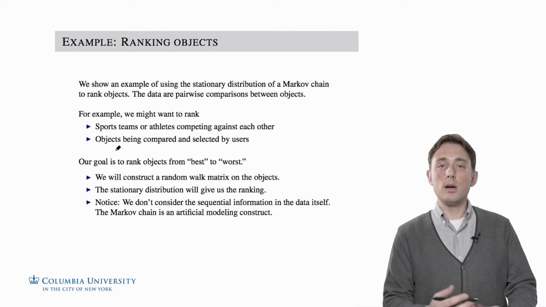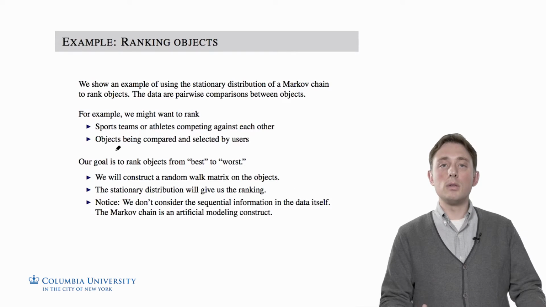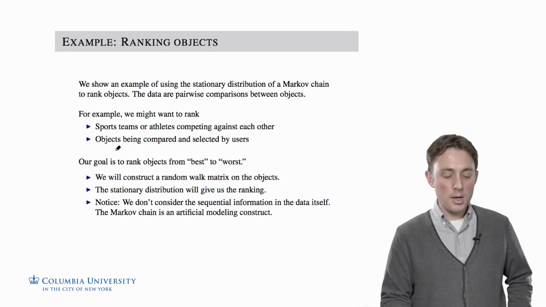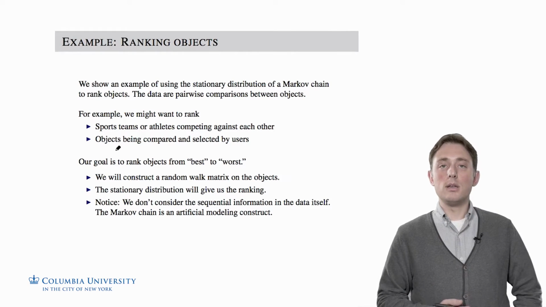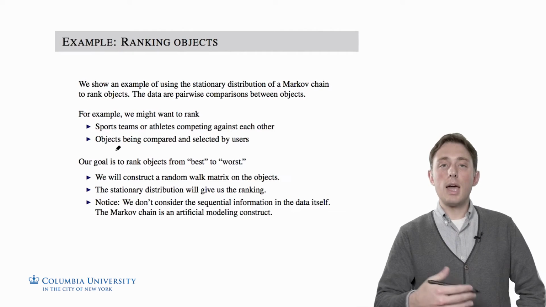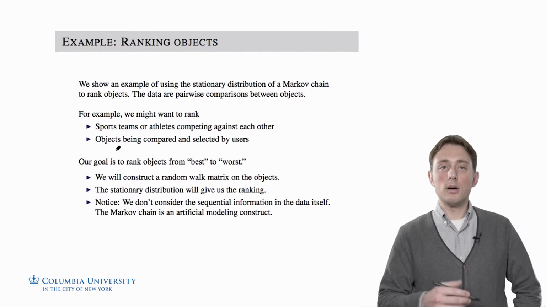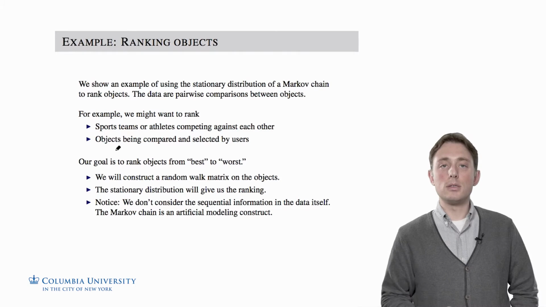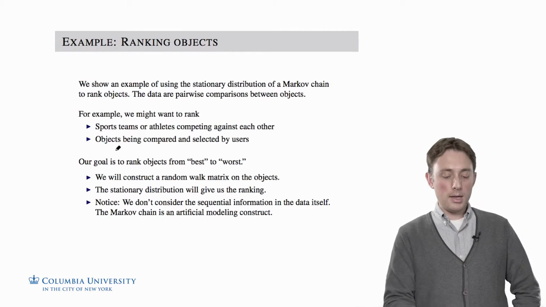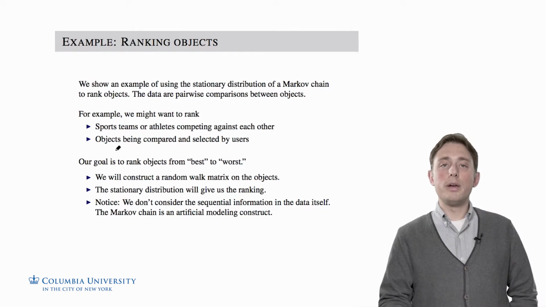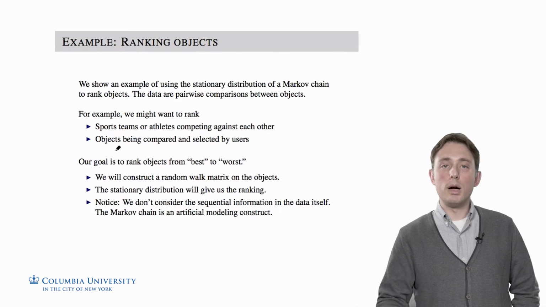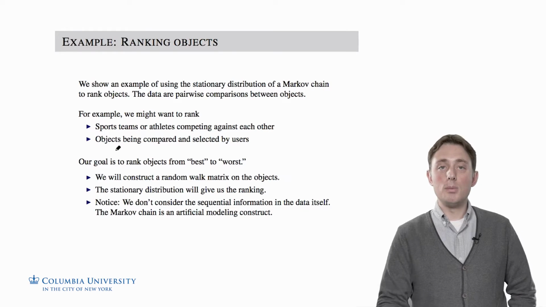So notice, without telling you yet what the model actually is and how we construct this, that we aren't going to actually have a sequential model of the actual events. So that's the thing to pay attention to, that even though we've motivated Markov chains as being a sequential model, the way that we're going to construct this matrix does not take time into consideration.